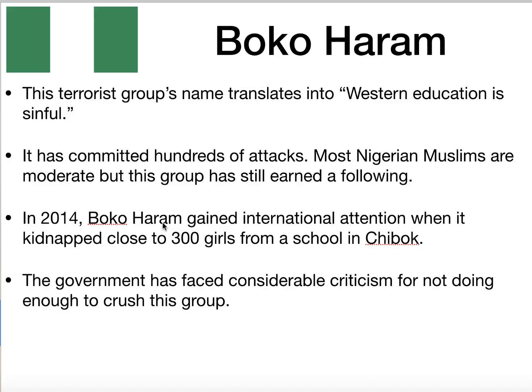That gained international attention. And as we learned from our guest speaker, the government has faced a lot of scrutiny for whether or not it's doing enough and wants to do enough to deal with the terrorist actions of Boko Haram.